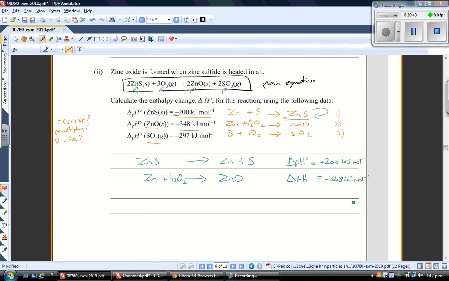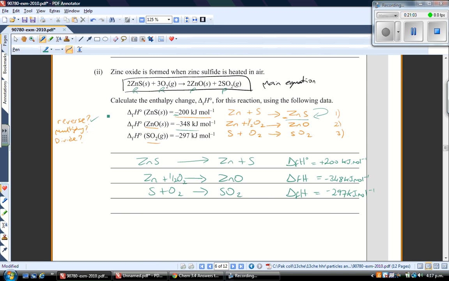And the third equation, which is your sulfur plus oxygen going to SO2, that doesn't need to be reversed either, so it's in the correct order, and we'll just rewrite it as it is. And the enthalpy hasn't been affected either, so minus 297 kilojoules per mole. So yes, we had to reverse in this case.